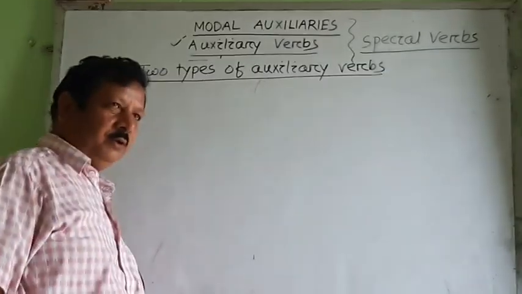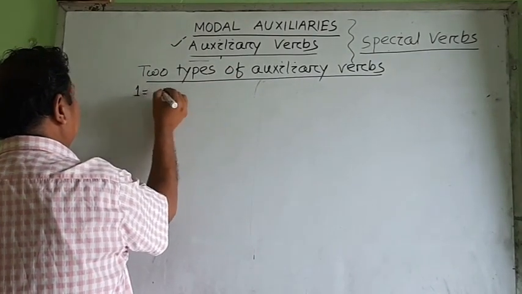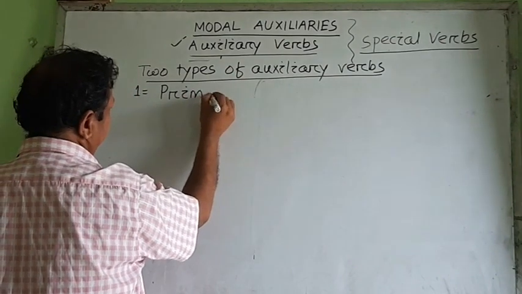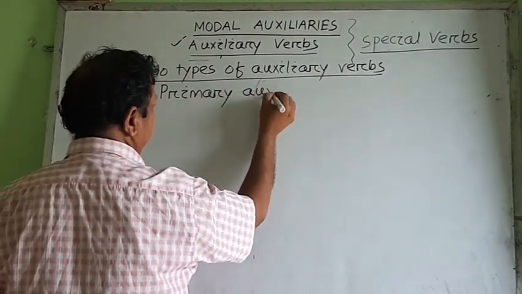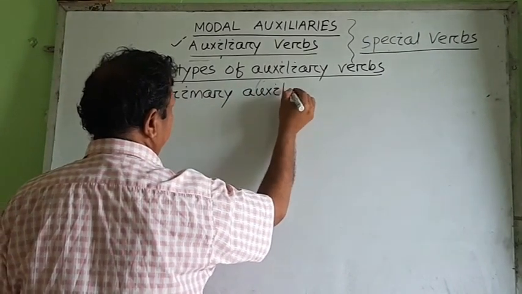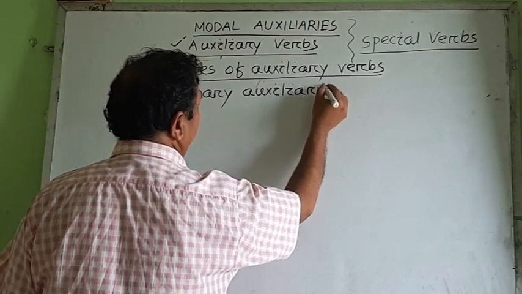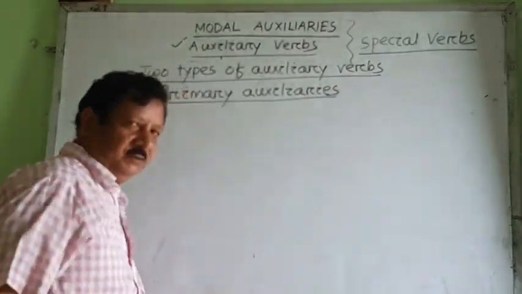What are the two types of auxiliary verbs? Number one, they are called the primary auxiliaries.